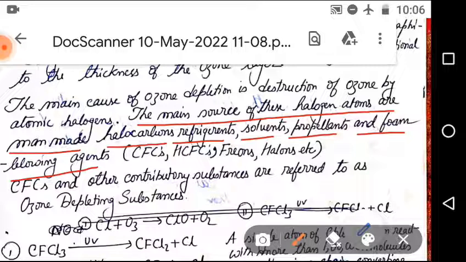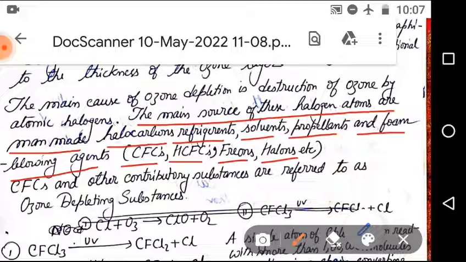So examples of some halocarbons or atomic halogens are CFCs. CFCs full form is chlorofluorocarbon: chloro, fluoro, carbon. HCFCs, that means hydrochlorofluorocarbon, freons, halons.